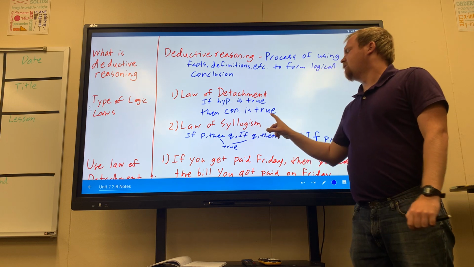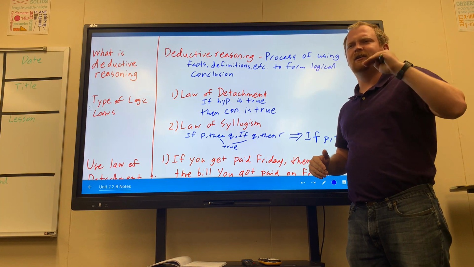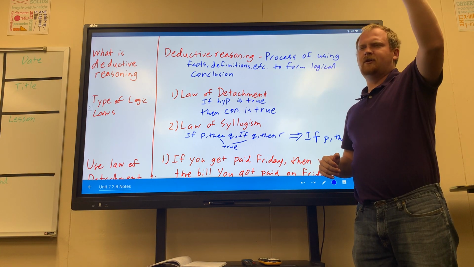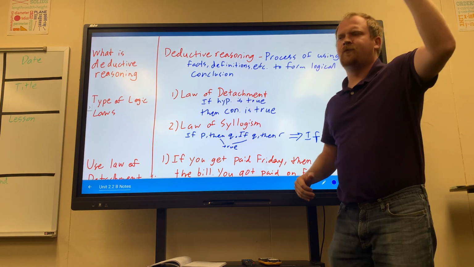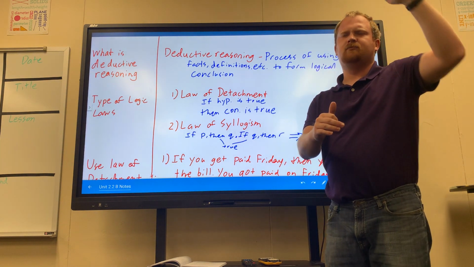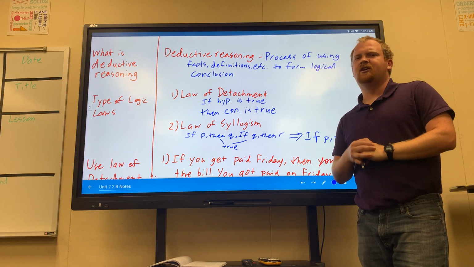And the law of syllogism basically tells us if you have a series of if-then statements to be true, then the very first hypothesis is going to be true with the very last conclusion. Okay? And that's what deductive reasoning does for us.